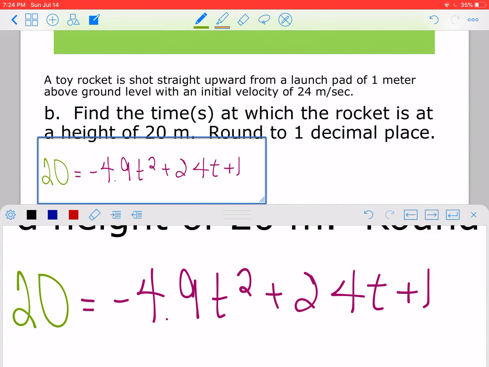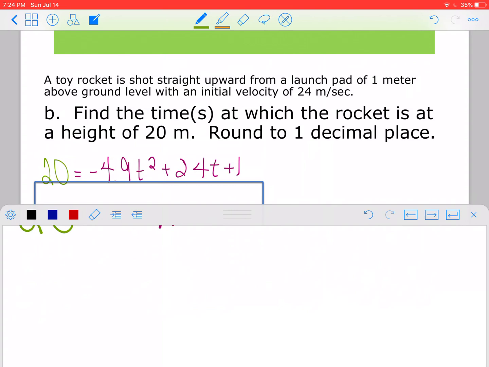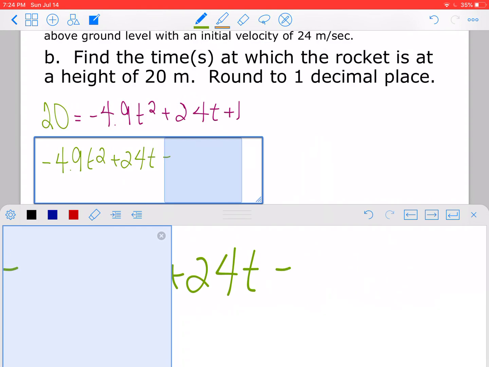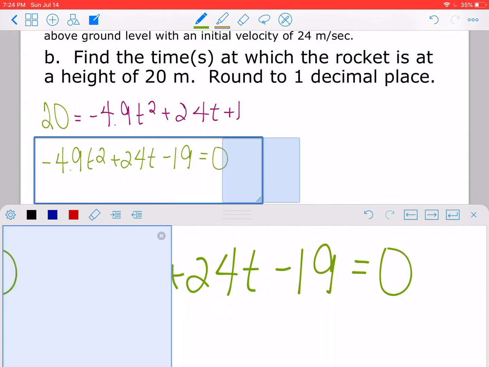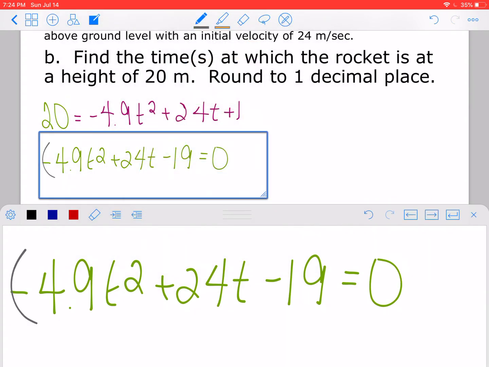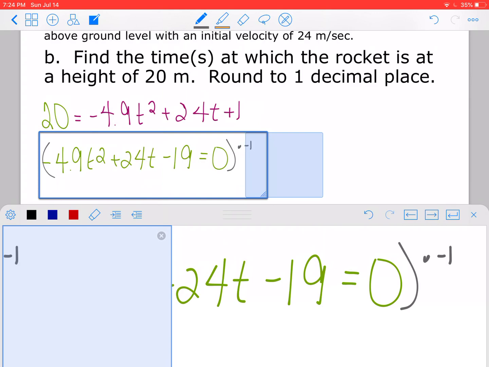Okay, so we're going to find t, subtract 20 from both sides. And I'm going to multiply everything by negative 1 to get rid of that initial negative there.